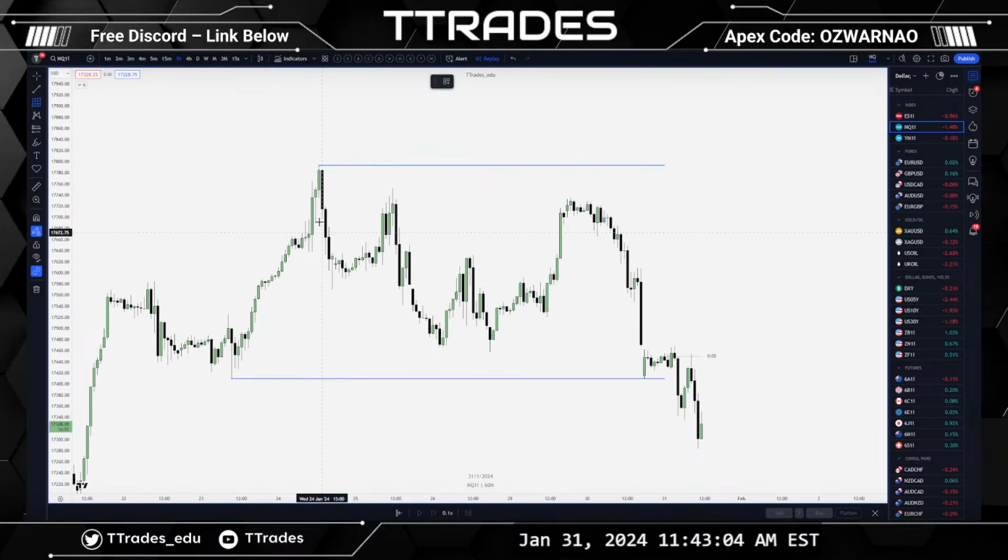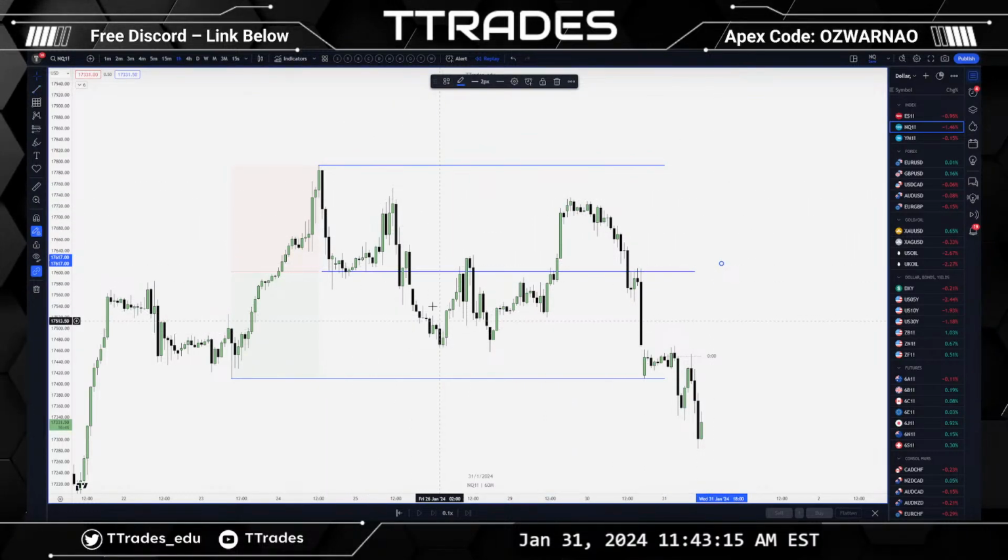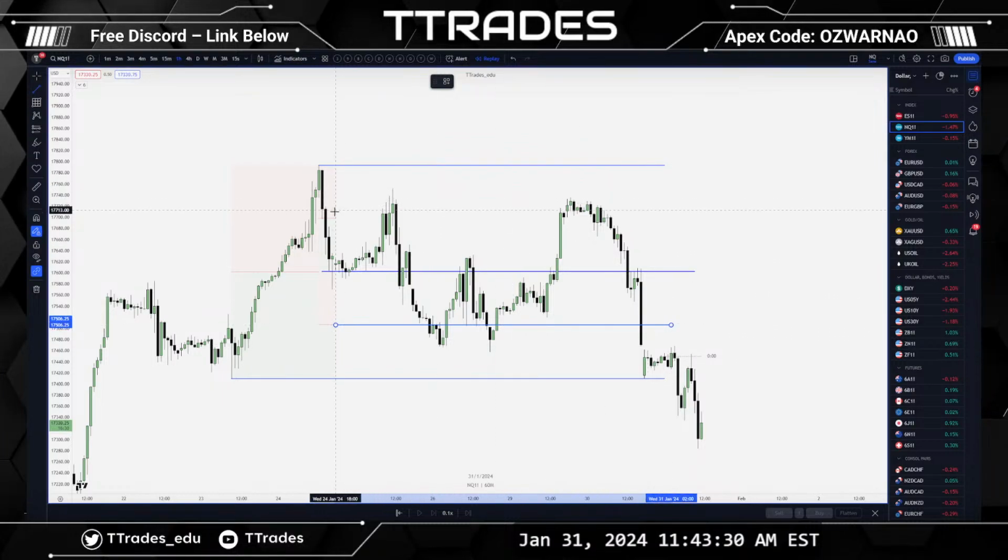Back to equilibrium of the range. So drawing this out, what do you have? Equilibrium. And then if you check my chat, I talked about a few other things, splitting this into a discount and premium, right? So you have quadrants. There's a lot easier way to do this, but I'm just trying to give you a visual.